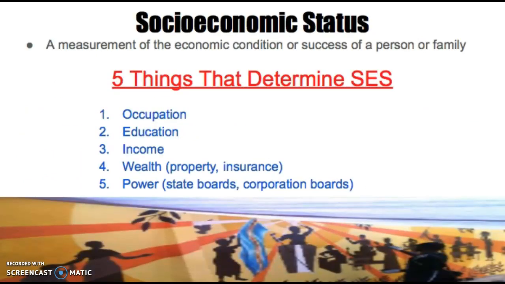So after knowing that, we can talk about exactly what socioeconomic status is. It really is a measurement of the economic condition or the economic success of a particular person or family.